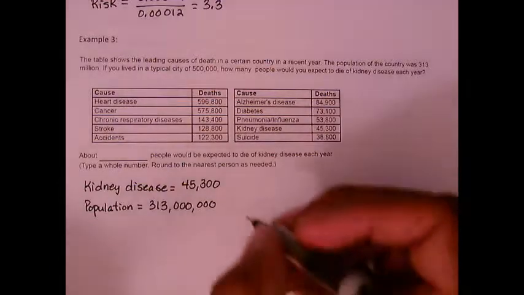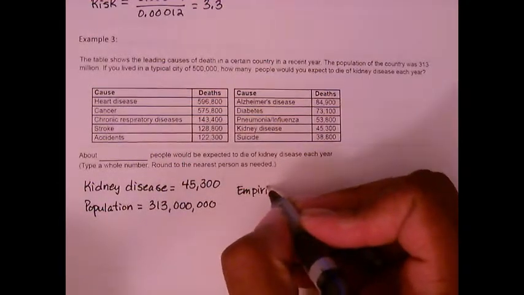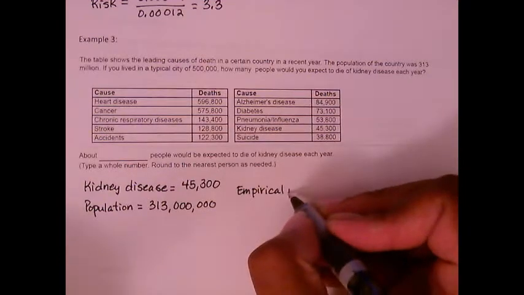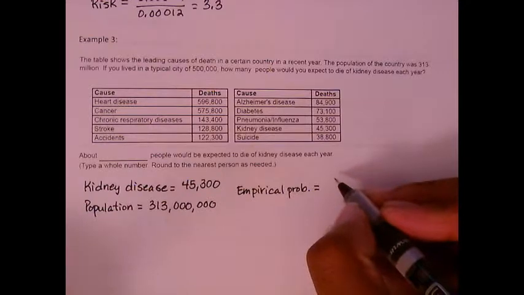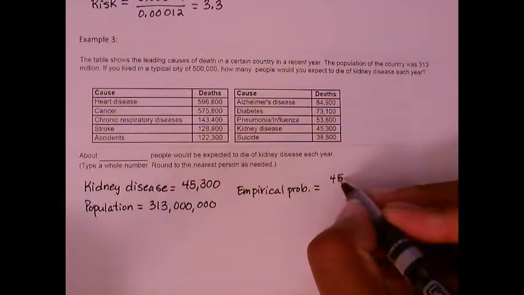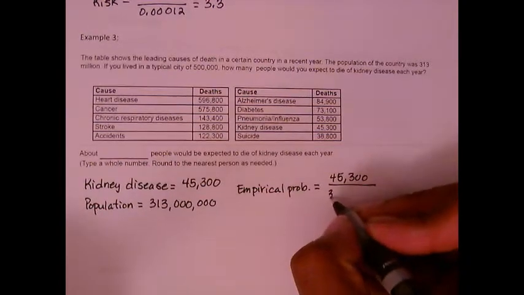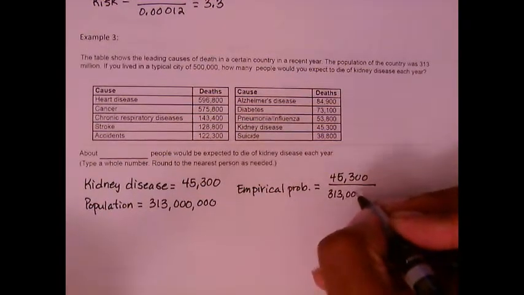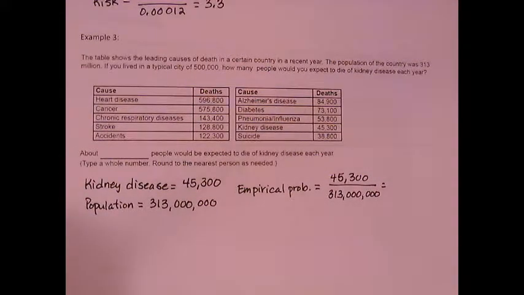Okay, now let's find out what the empirical probability is going to be. Okay, we take the number of deaths from kidney disease, that's 45,300, divide that by the 313 million. That's the population of the entire country, of that certain country.